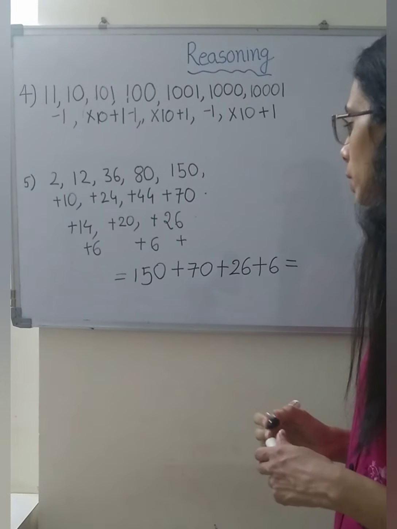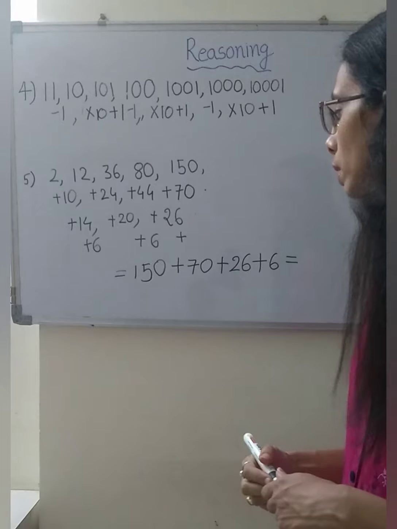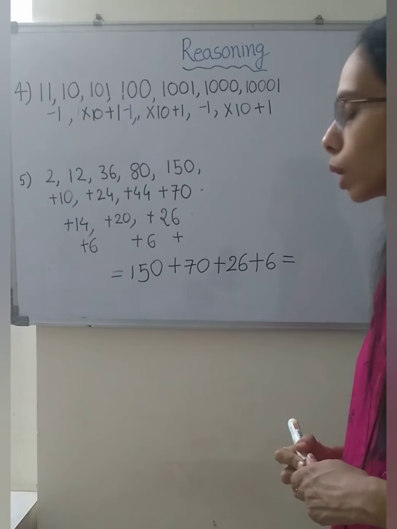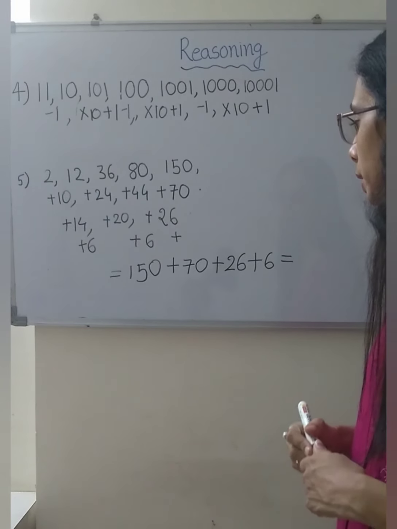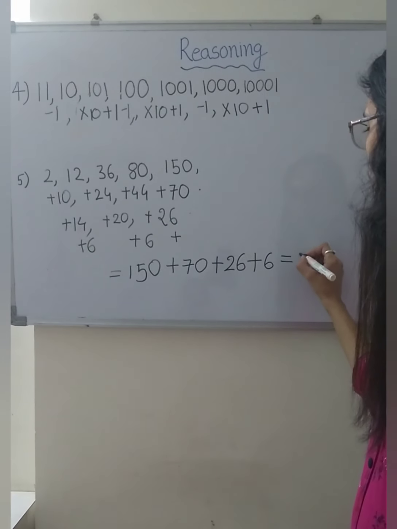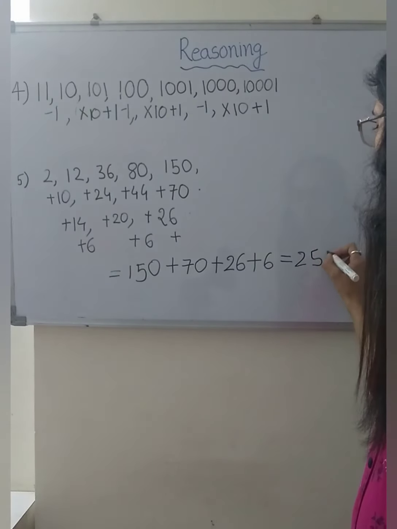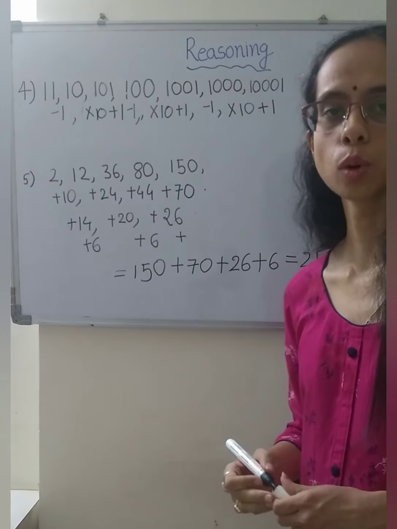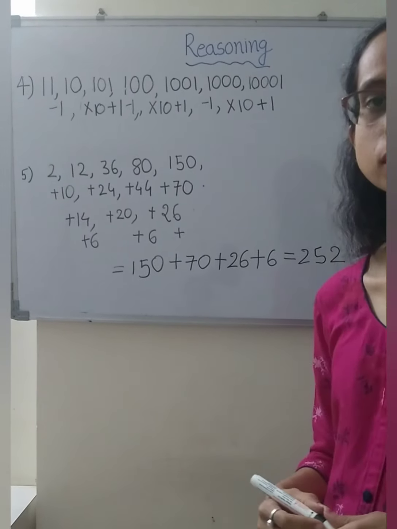Fine. So it is equal to 150 plus 70, which is 220. 220 plus 32 is 252. So in both the methods, the answer is the same.